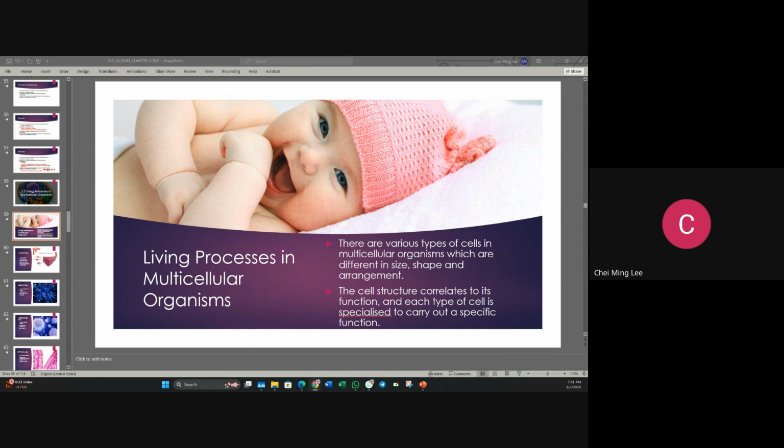Like for example, for different functions, the cell might have different shapes. Muscle, you need to pull the bone, right? So it must be in a long shape so that it can pull. And then your nerve cell, they need to transmit the impulse.